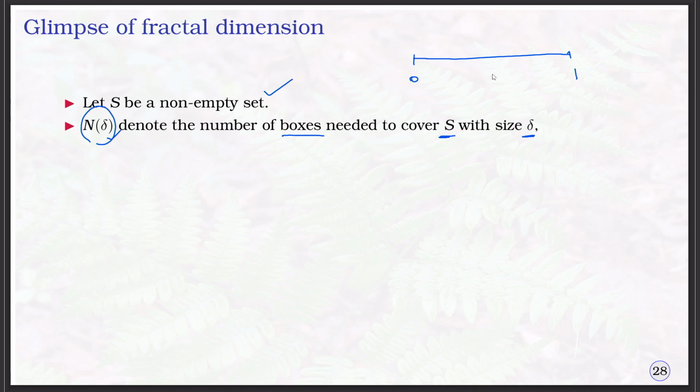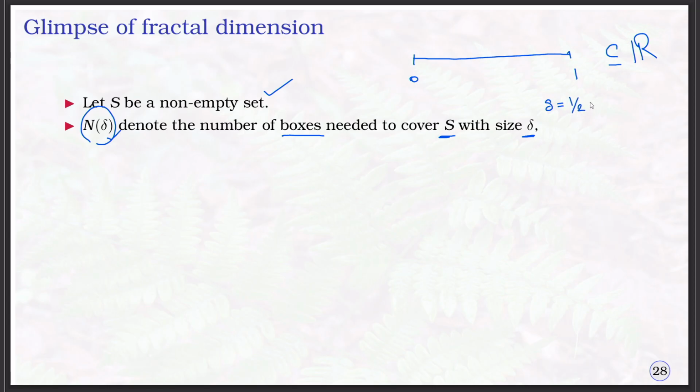So, here 0, 1 is considered in the real number system, a subset of the real numbers. If I want to cover this, I can take a box size delta as 1 by 2.